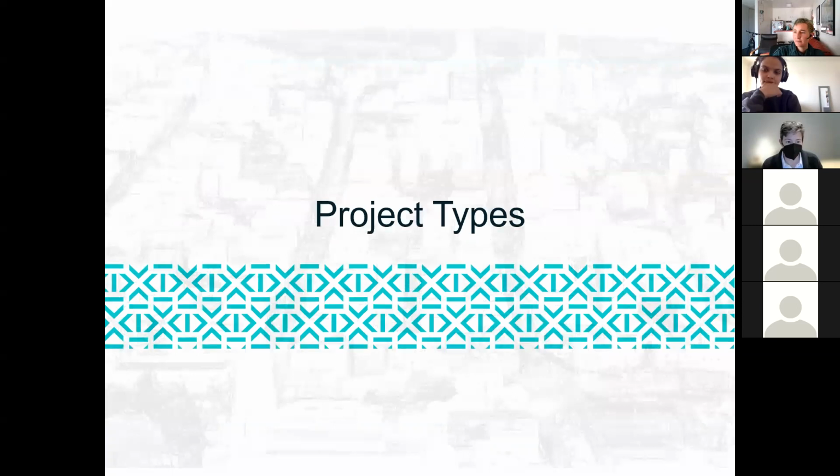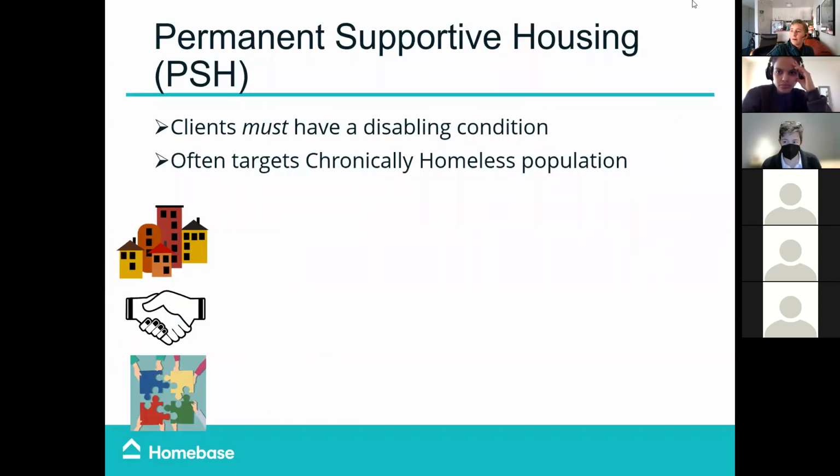Okay. Next, we're going to be talking about project types. HUD is very specific and fairly limited for this funding stream about the types of projects that it will fund. The first we're going to talk about is permanent supportive housing, PSH. This is one of those acronyms that we just throw around a lot.